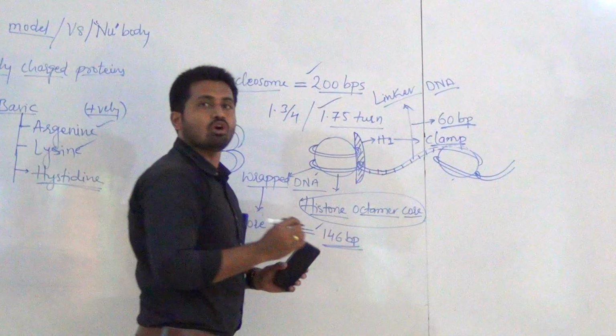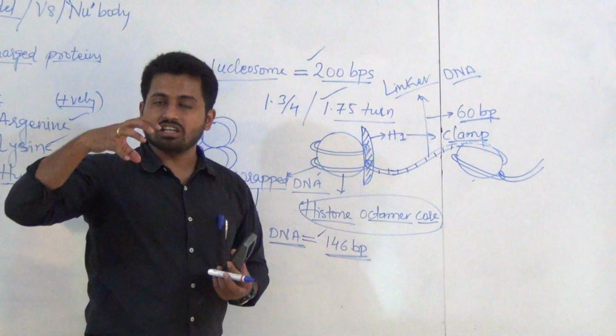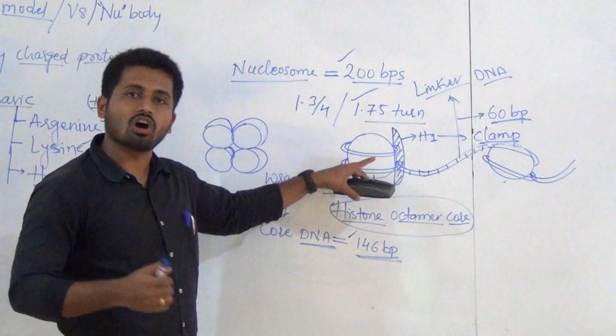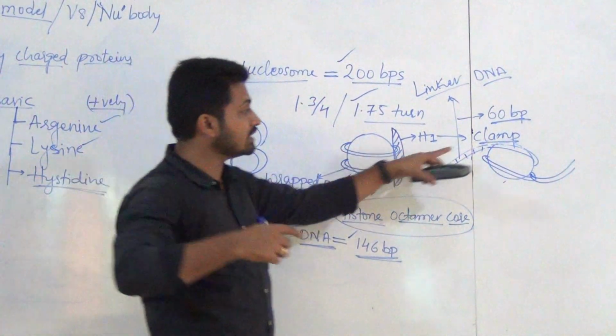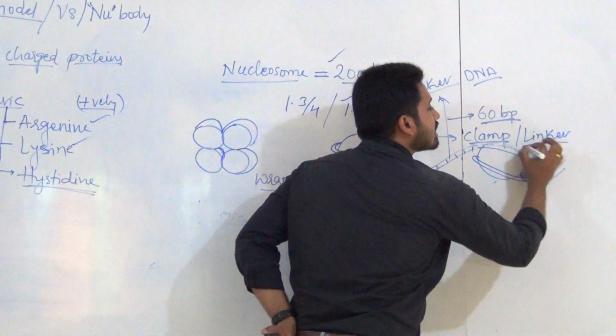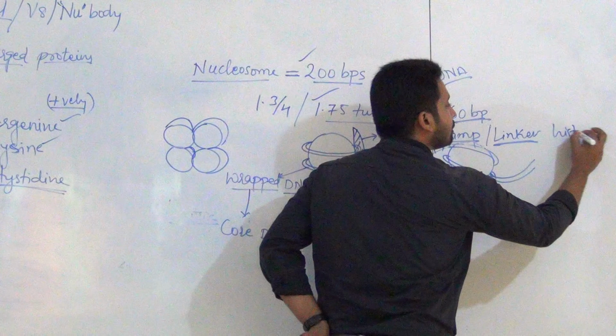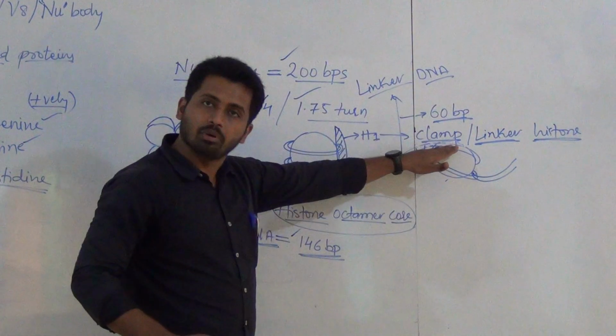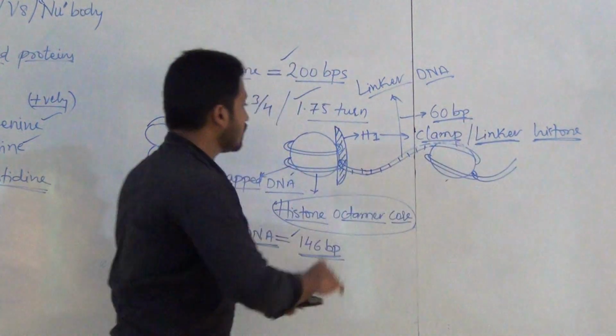It means it is acting like a clamp. Okay, it is just holding those 8 ball-like structures together. You can also call it by another word, linker histone. One word, that is clamp or linker histone. What is the function of H1?